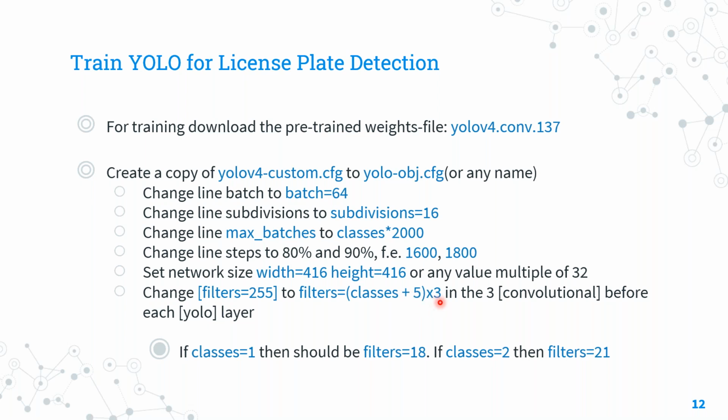We have to look for YOLO here, and before that, in the convolutional layer, we need to make the filters 18. The YOLO layer will come 3 times, and we have to make 3 changes there. Again, 18 here.